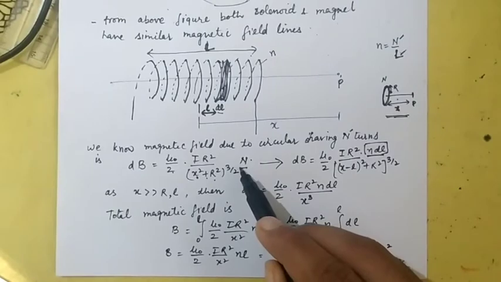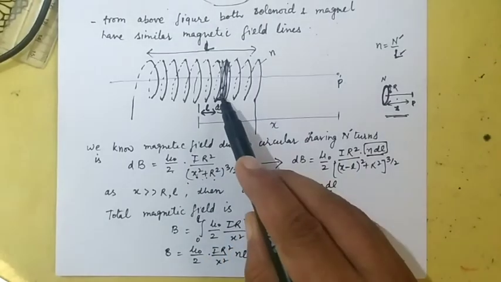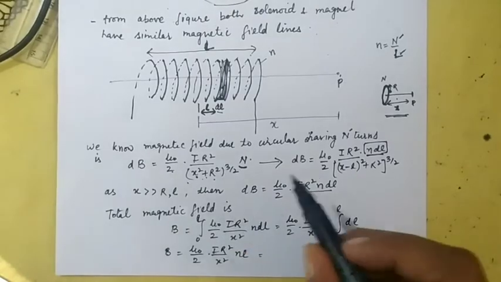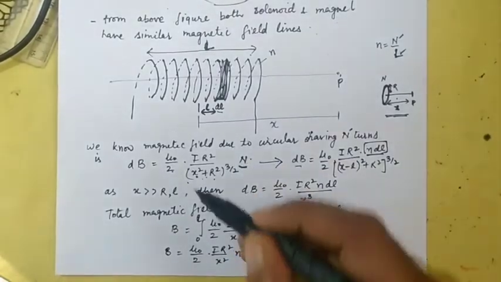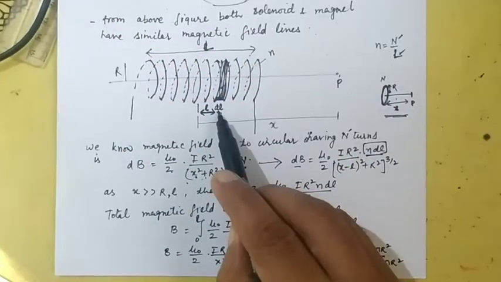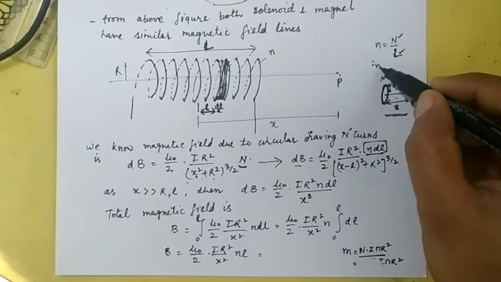Since it has capital N number of turns, I write capital N here. Now the same formula can be applied for this section of loops of the solenoid. We know that dB is equal to mu naught upon 2, I R square, the same, where capital R is your radius and dl is the length, so the number of turns will be equal to n into dl.